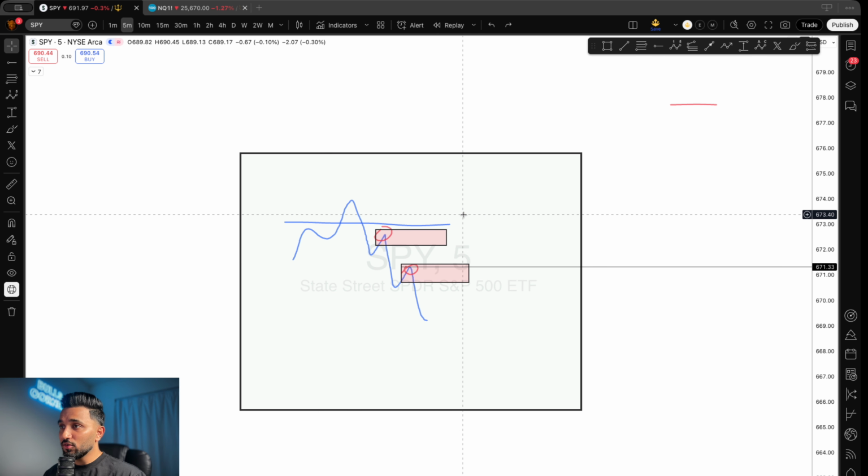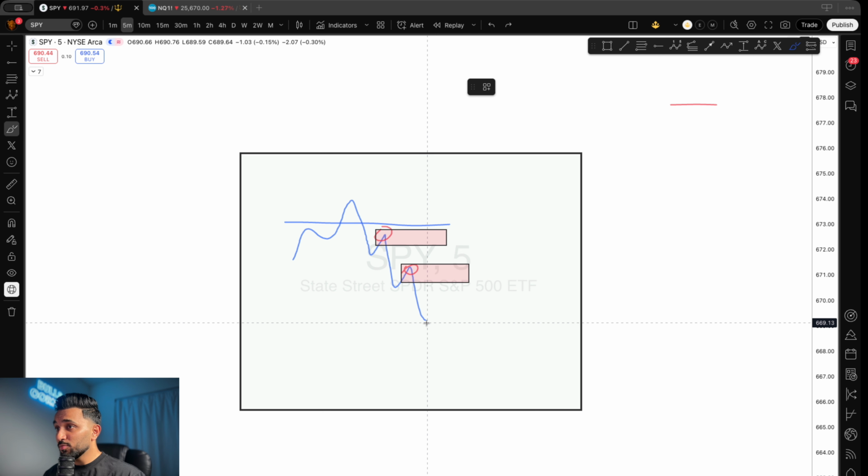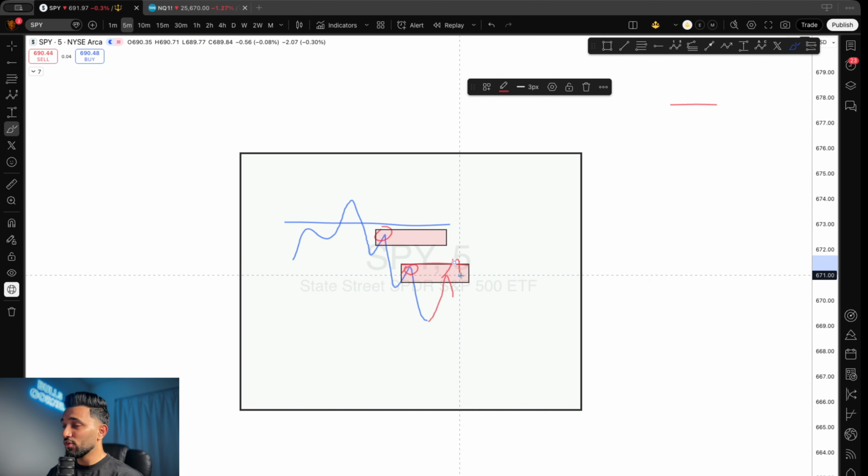And then our goal is to get an entry once price comes back into this zone and starts rejecting, or price comes back into this zone and sweeps above this internal range liquidity, but fails to close above and then closes back below. And after that, we're going to look for the exact same setup that we look for on the reversal setup, which is the entry model on 1 minute, DRS, SBP, and then boom, we get our entry and we target these internal range liquidity lows or external range liquidity lows right here.